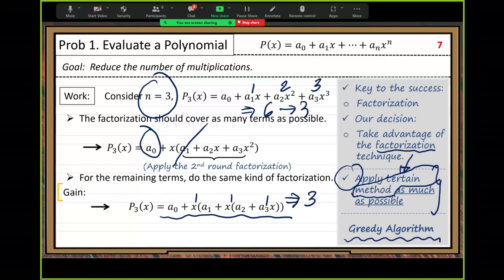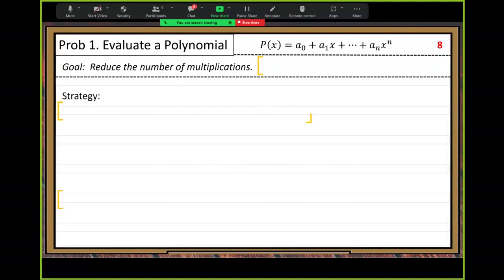The idea in our last round data processing is that we want to push this method to the general case, degree n case. So the strategy for the degree n case is to generalize our factorization method.